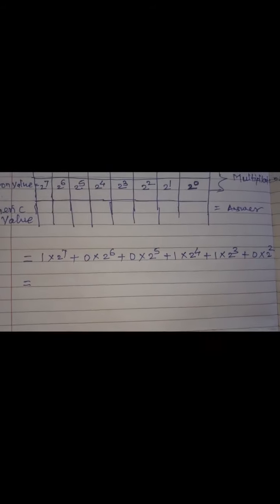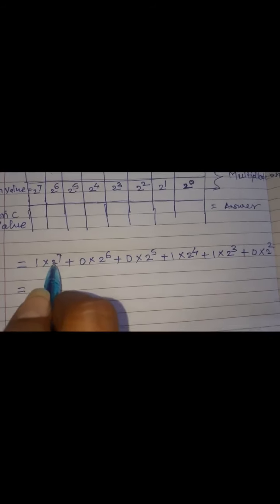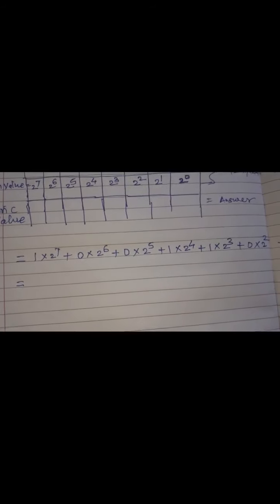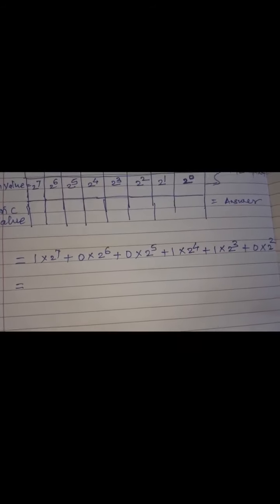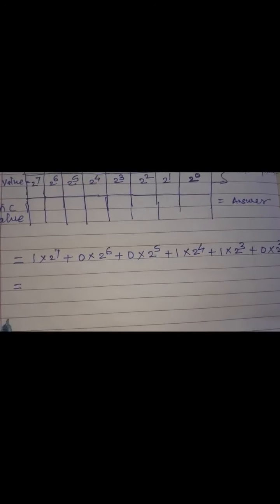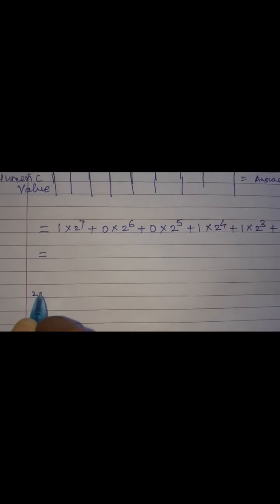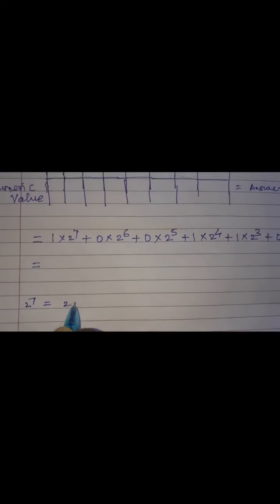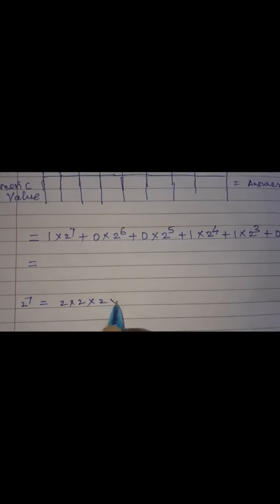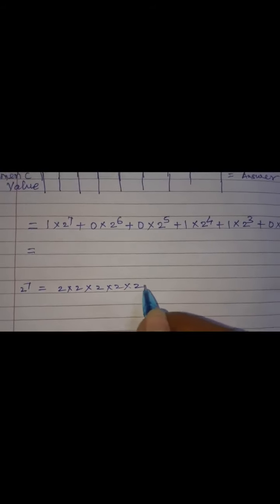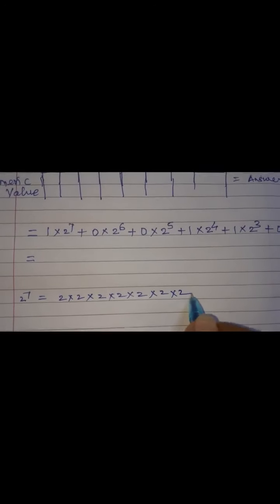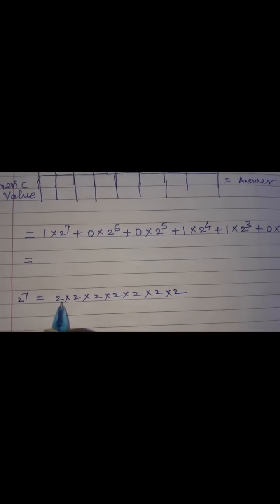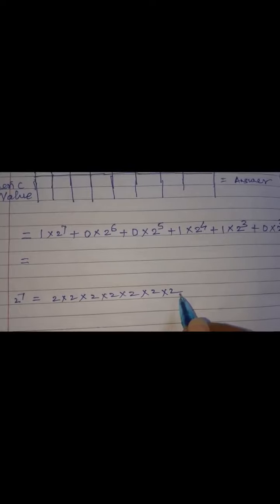How do we calculate? 2 raised to 7 means 2 into 2 into 2 into 2 into 2 into 2 into 2. It means 2 is multiplied 7 times.